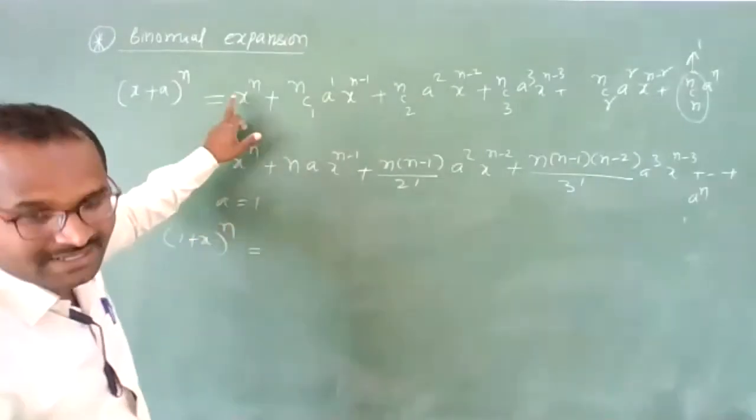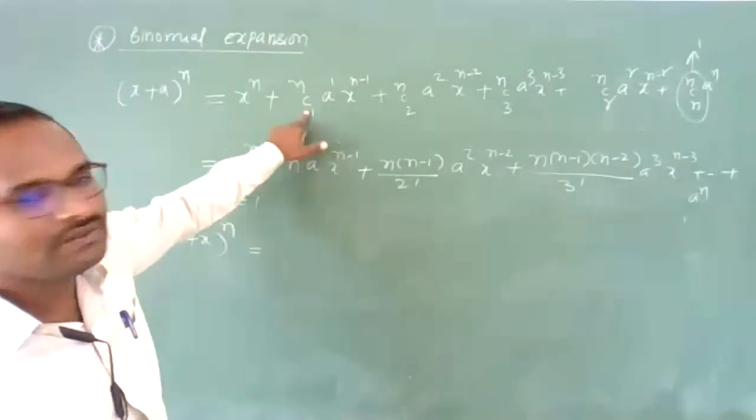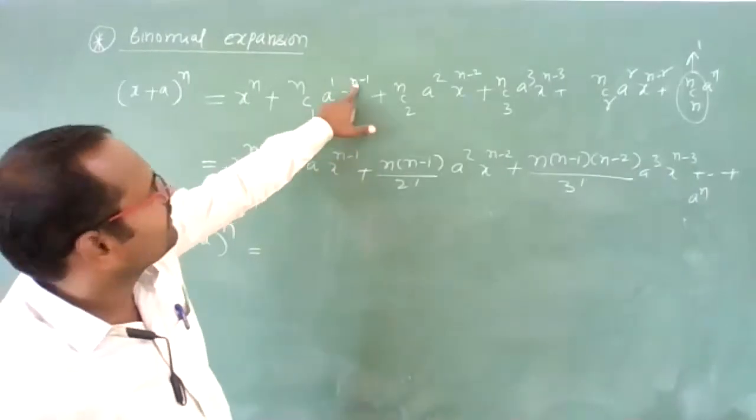See this one, x power n, NC1 into a, x power n minus 1.